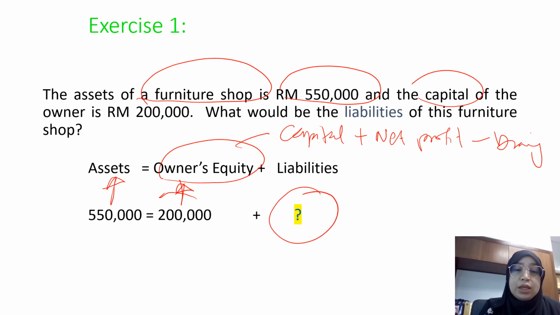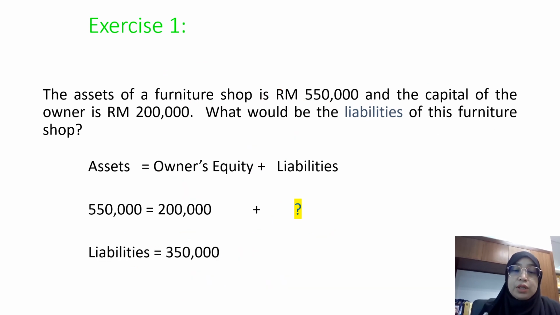So to calculate liability, okay, liability is equivalent to asset minus owner's equity. So your asset is 550,000 minus 200,000. Therefore, liabilities equal 350,000. Okay, liabilities equal 350,000.